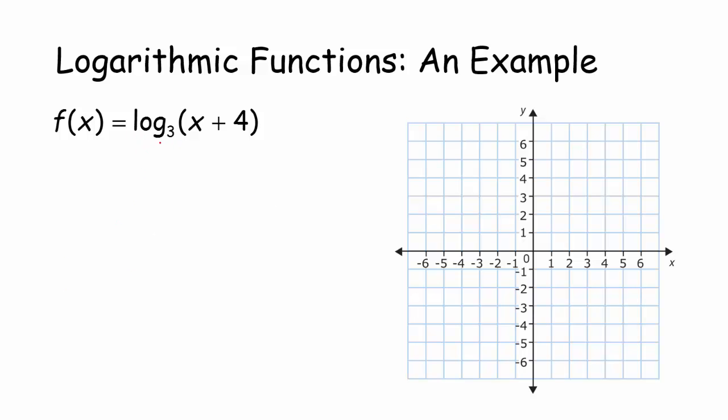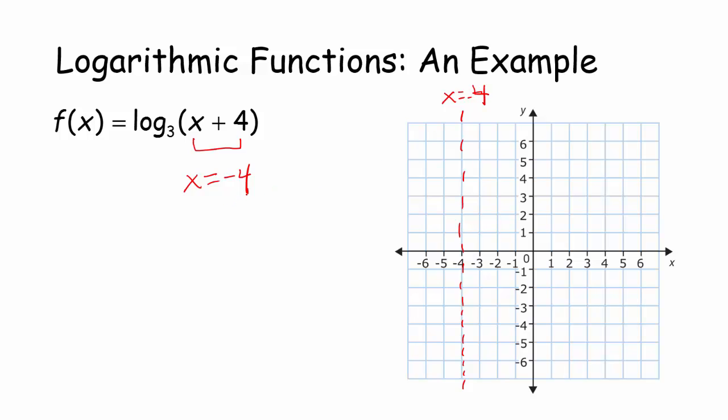So here's log base 3 of the quantity x plus 4. First things first, let's figure out what that vertical asymptote would be. It would be x equals -4. Let's dash in that vertical asymptote, and the function will never cross that vertical asymptote at x equals -4.